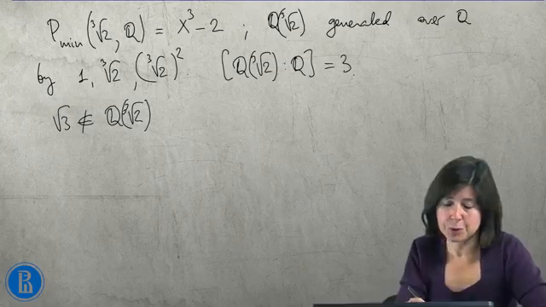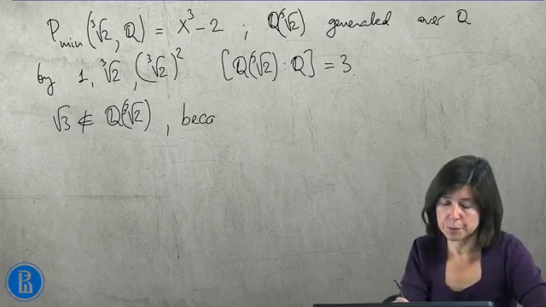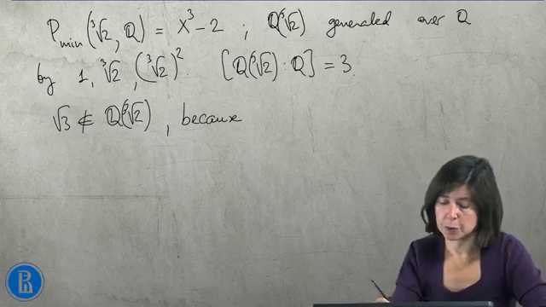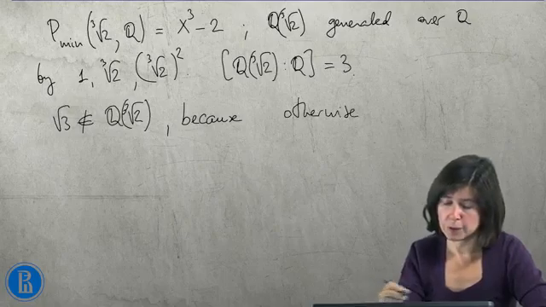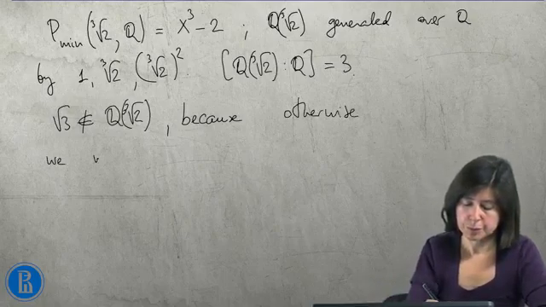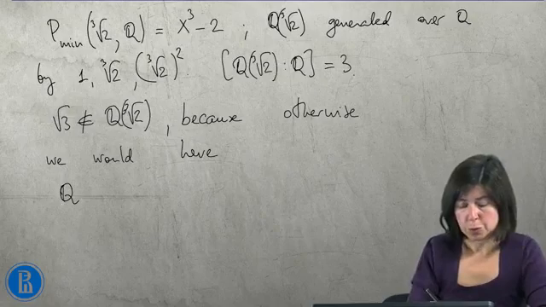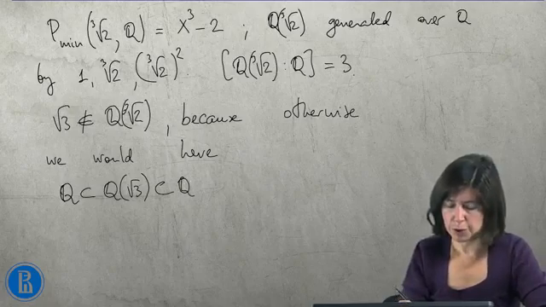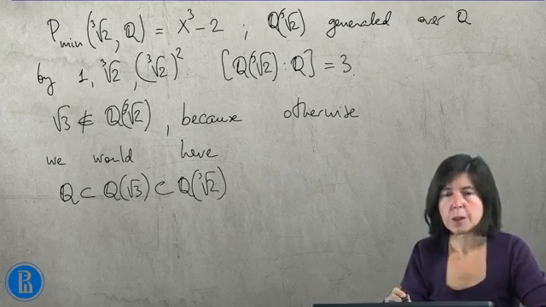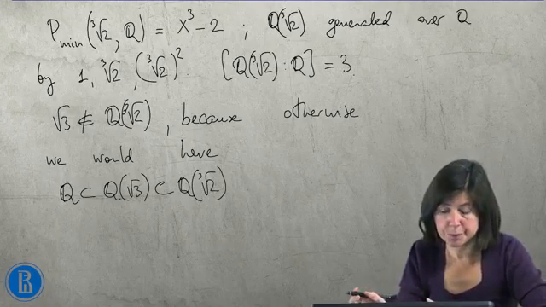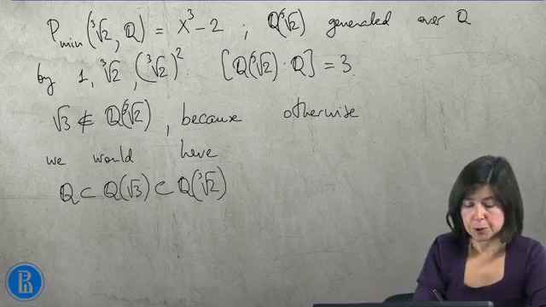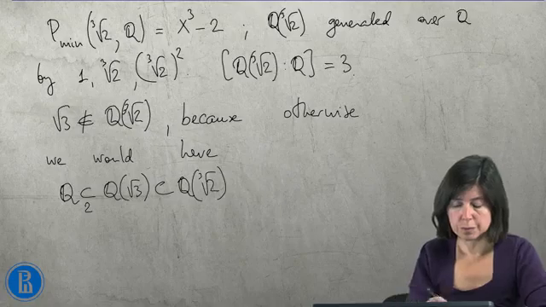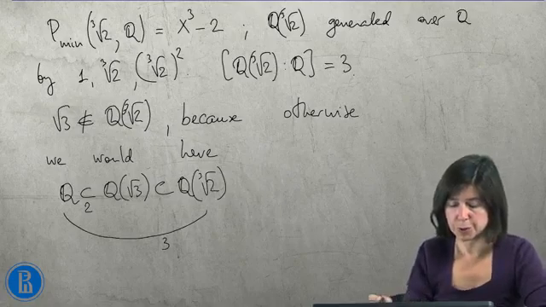Well, maybe the easiest way to see it is as follows, because otherwise one would have Q of square root of 3 embedded in this Q with the cubic root of 2 adjoined, and the degree of this extension is clearly 2, and the degree of this extension is 3.